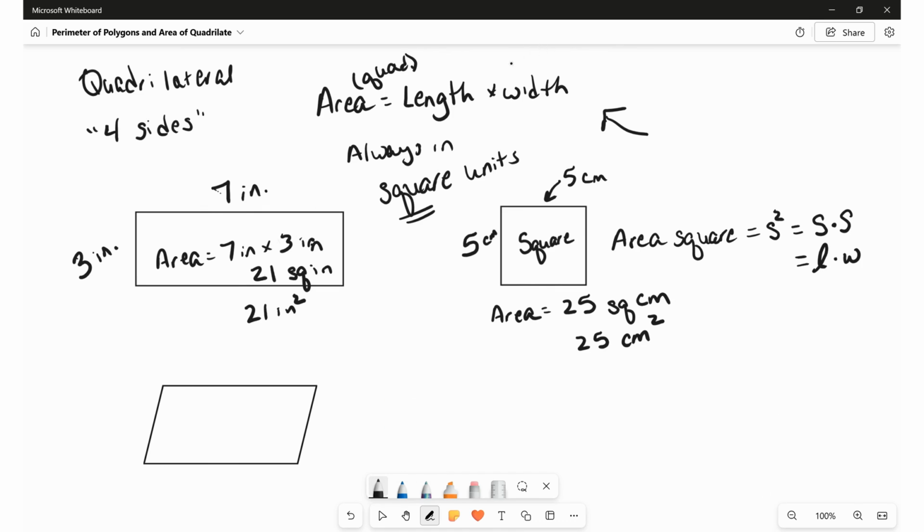Because an alternate way of writing length times width can also be base times height, where this can be considered the base or the length, and this can be considered the height or the width.